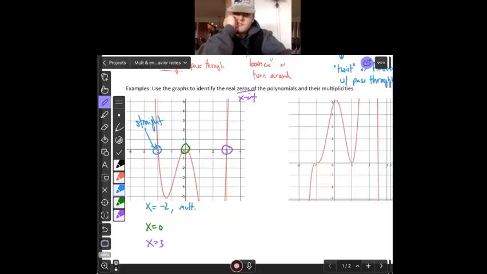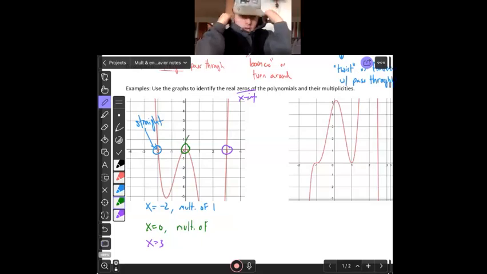It came from a 1. That means -2 shows up in the answer once. And then looking at 0, what's the multiplicity of 0? It's bouncing, so that means it has to be some even number. But we're only going to do 2. We're not going to do 4, 6, 8. So bounce means 2.